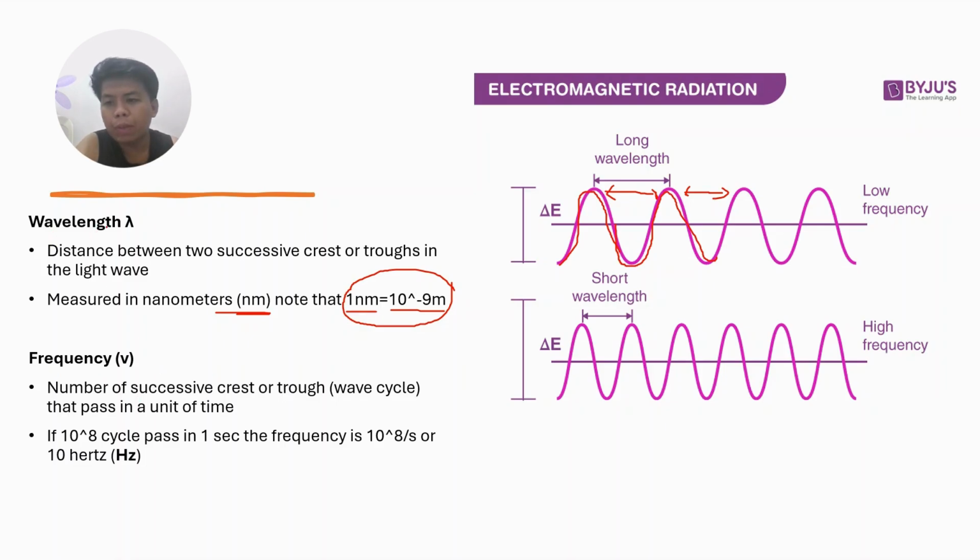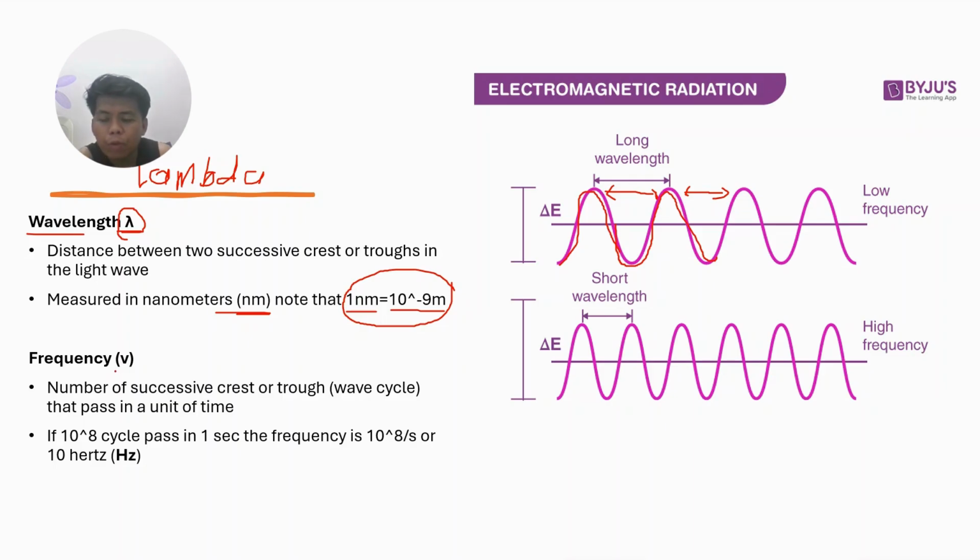Before we talk about frequency, the symbol of wavelength is represented by this Greek letter, which is called lambda.